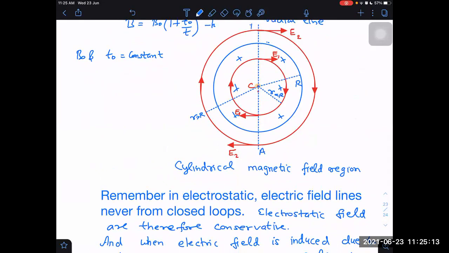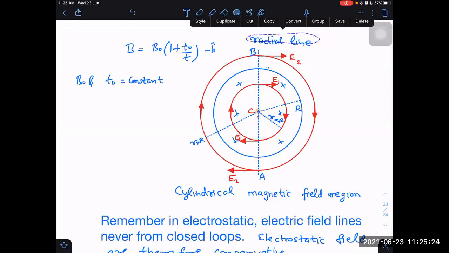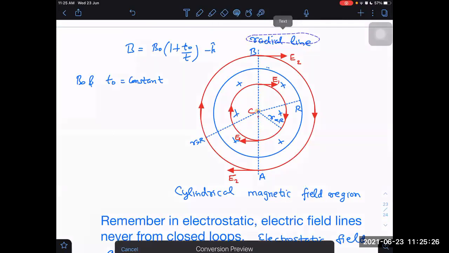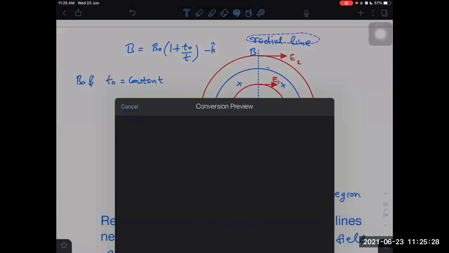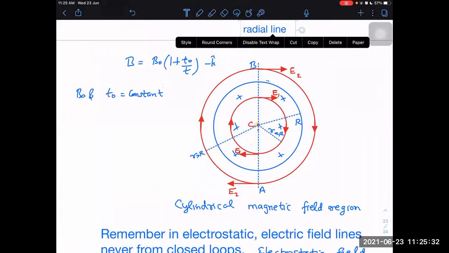Zero, sir. We should not even talk about the potential difference in such cases. Potential difference is defined only for conservative field lines. These are not conservative field lines, so we should not even talk about potential difference.